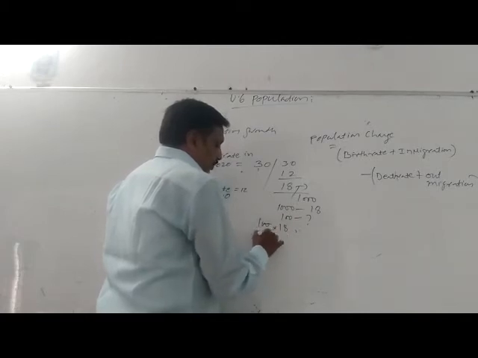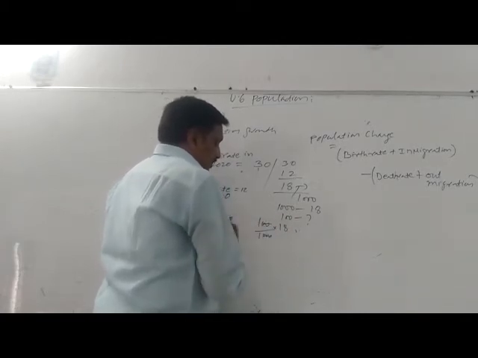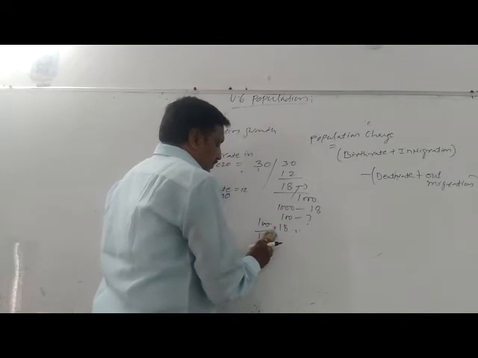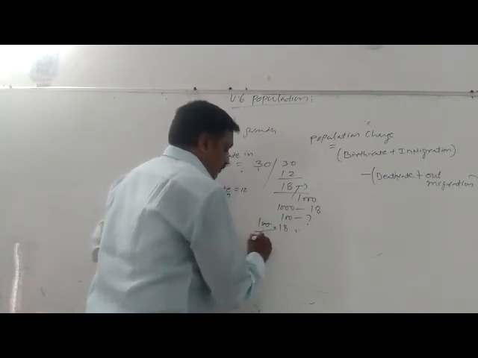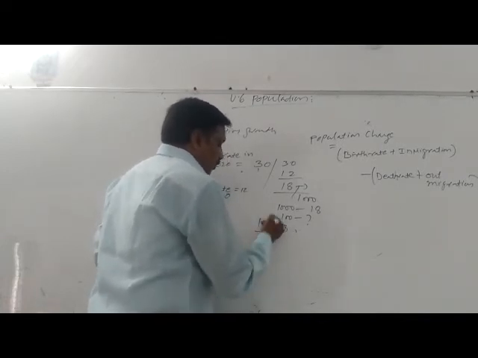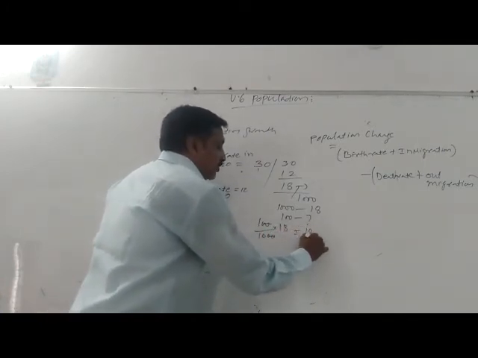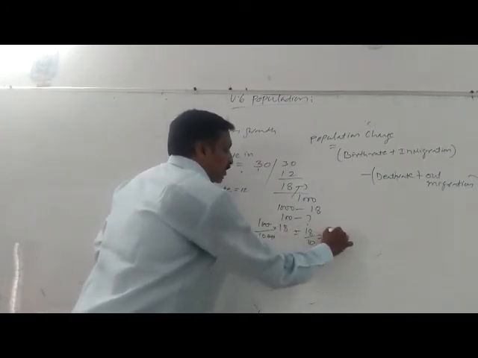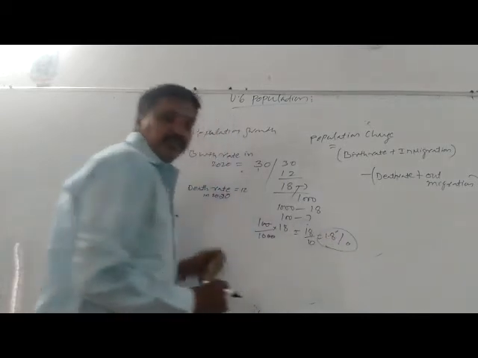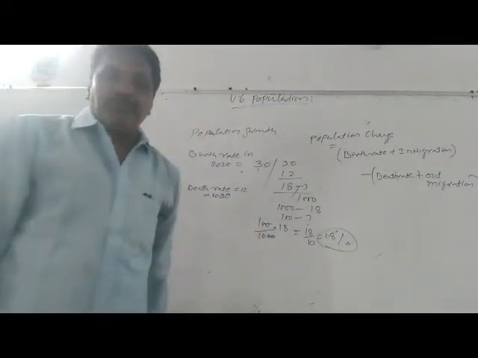Am I right? You all are good at mathematics. Two zeros got cancelled. Now it is equal to 18 by 10, which is 1.8%. That is the growth rate of population in 2020 in India.